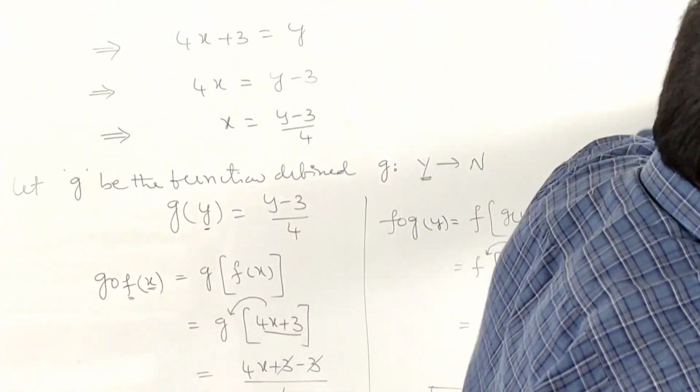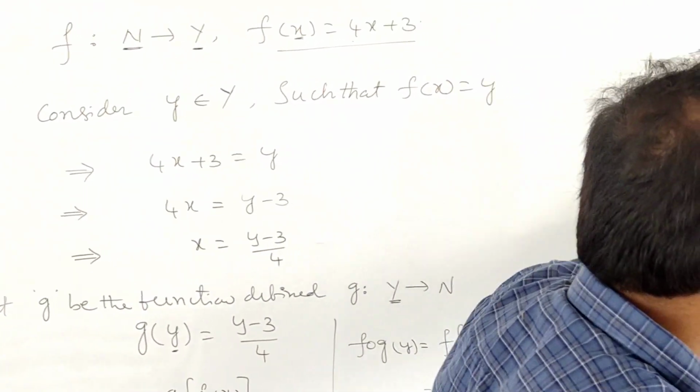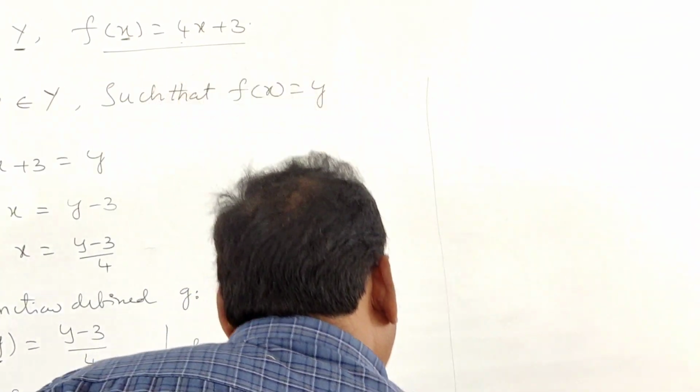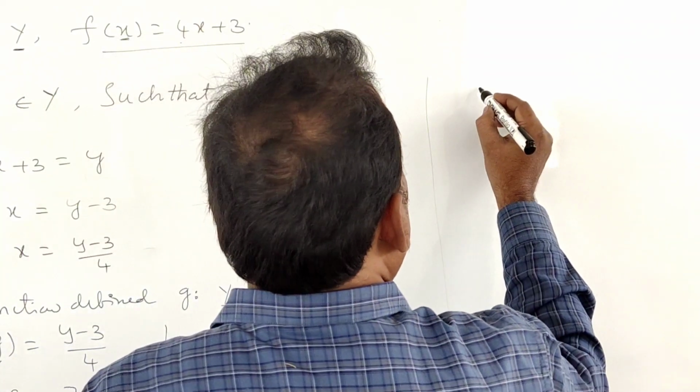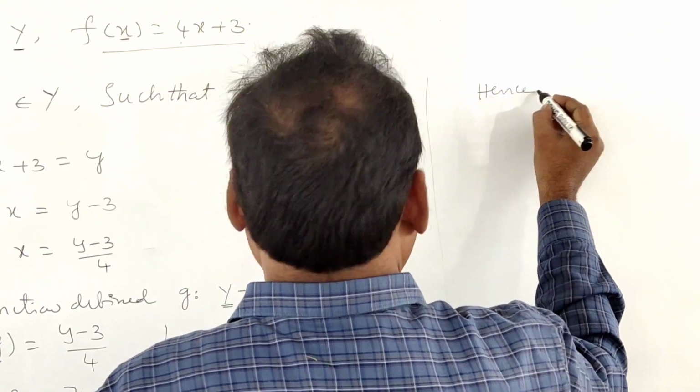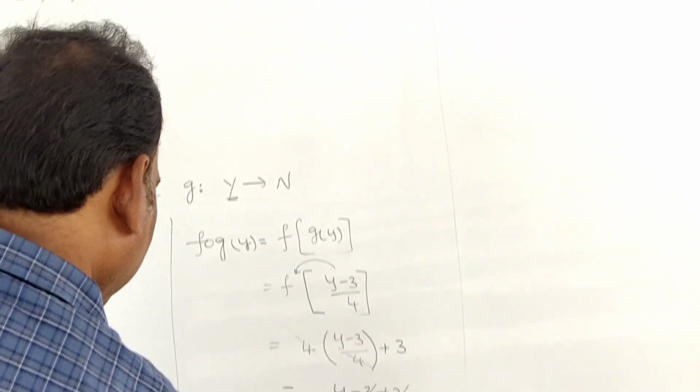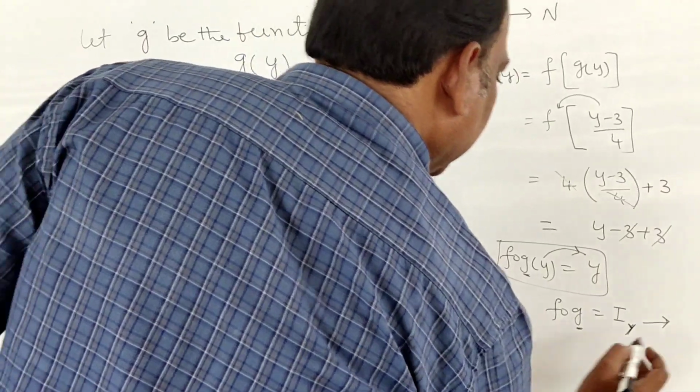Finally what you are going to write? This is the last step of this question. Hence, here this is equation 1, this is equation 1 and this is equation 2.